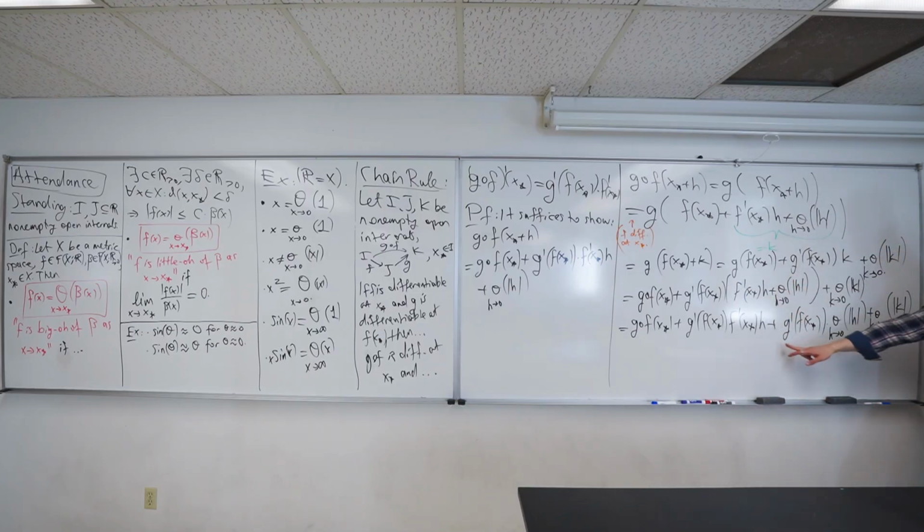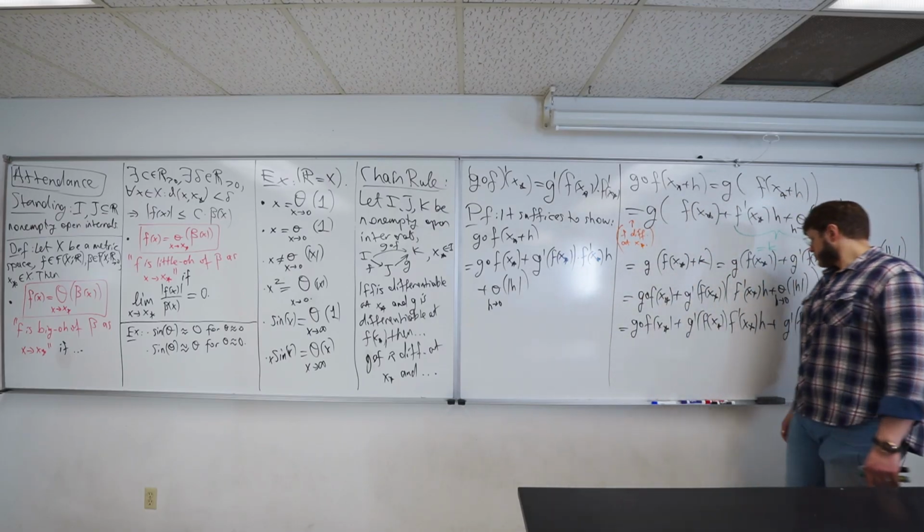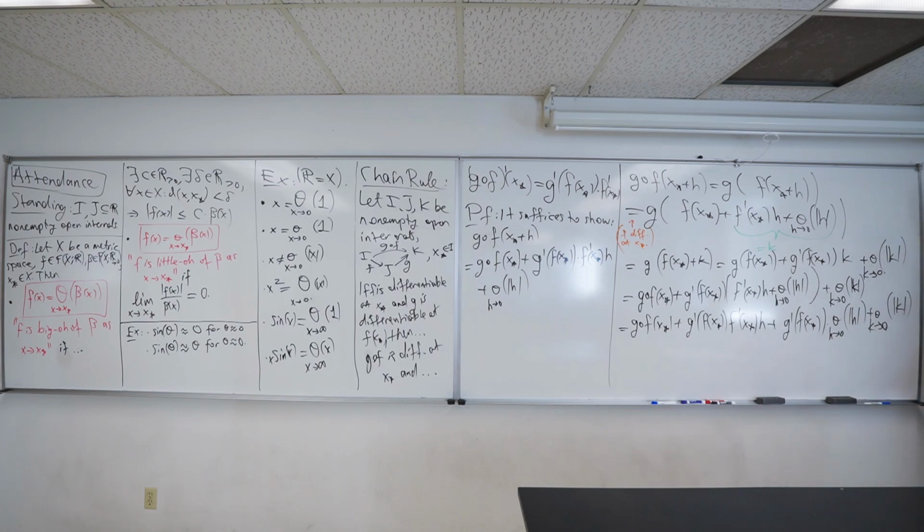So if I can show that this junk, this error, is little o of h, I would be done. Because that's the format I'm trying to get. Well, first of all, when I see this expression, I read it as: this is some number, and I don't really care what this number is, times some function that decays faster than h does as h goes to 0.